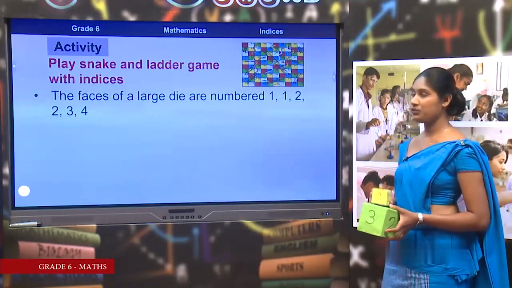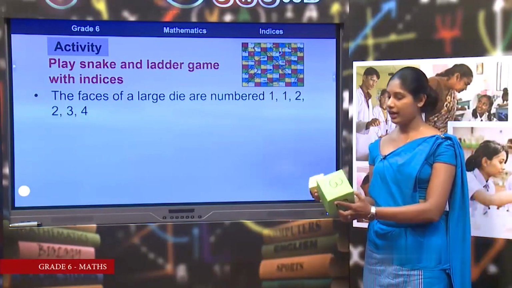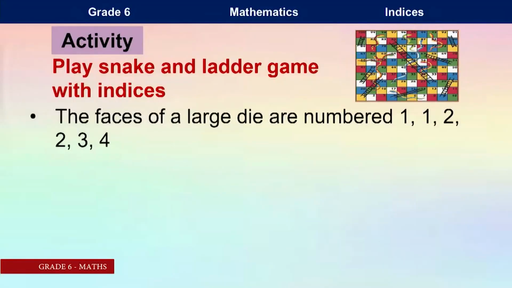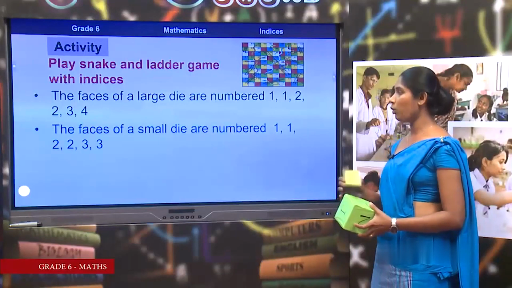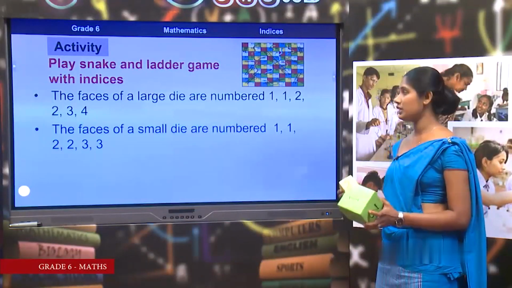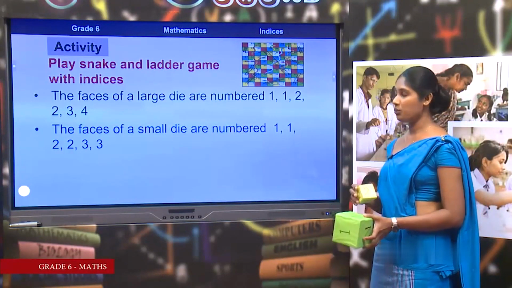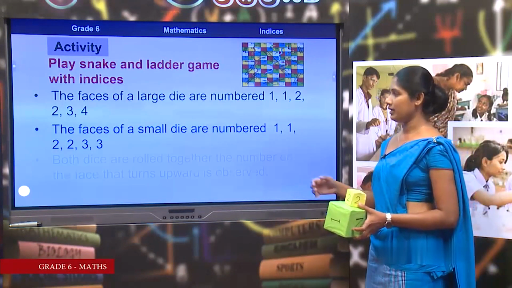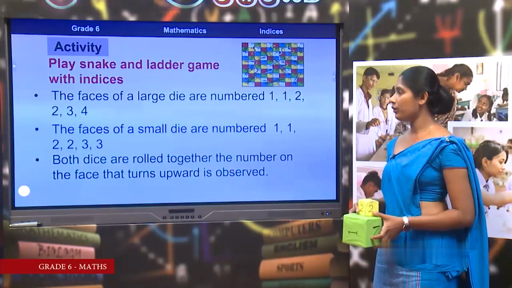The faces of the large die I have numbered 1, 1, 2, 2, 3, 4. And the small die also numbered 1, 1, 2, 2, 3, 3. Both dice are rolled together.